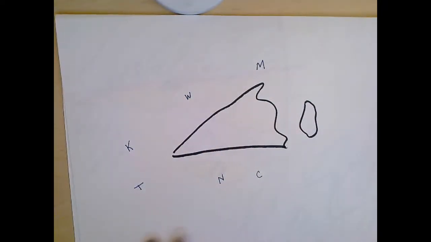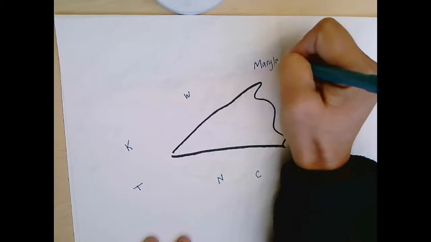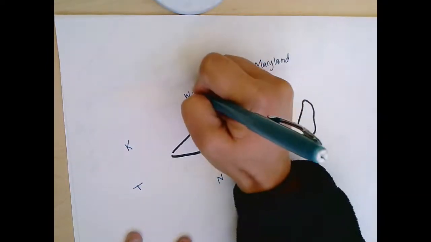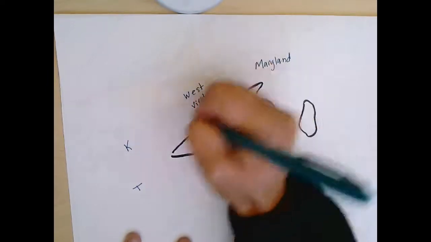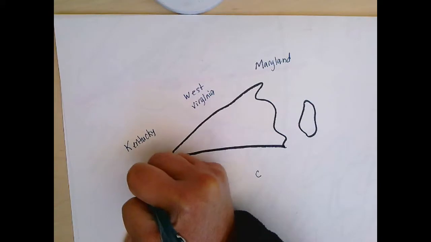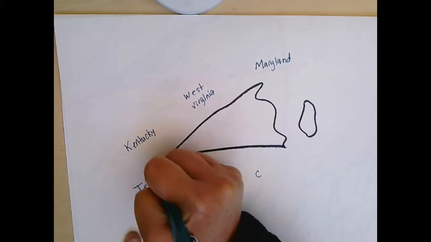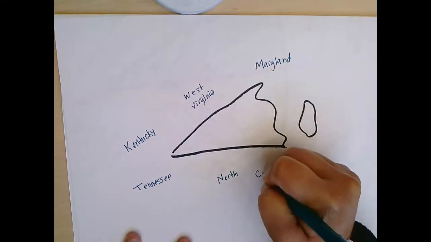Either one of those will work, or if you have one of your own, that's fine also. But you have Maryland, West Virginia, Kentucky, Tennessee, and North Carolina.